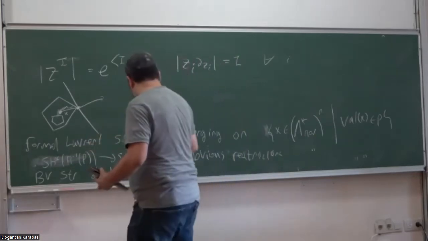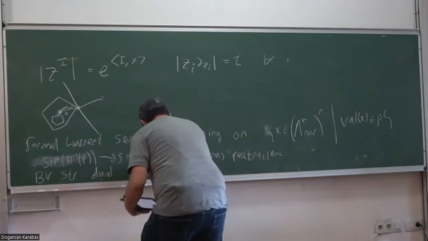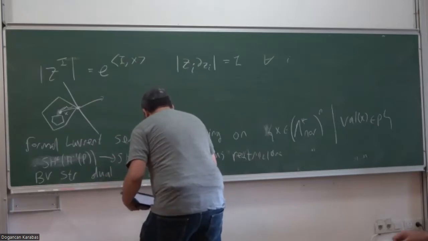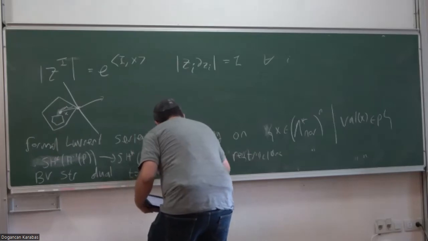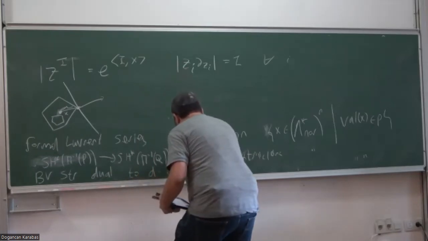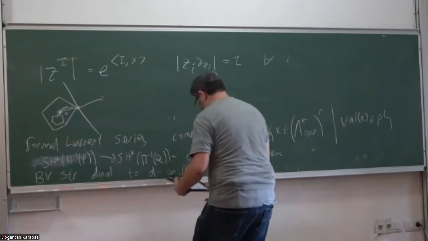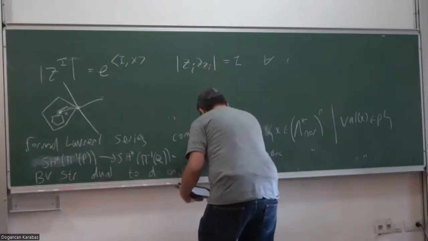So you have something dual to the exterior derivative on the de Rham complex.